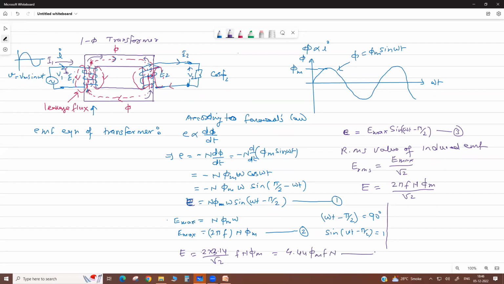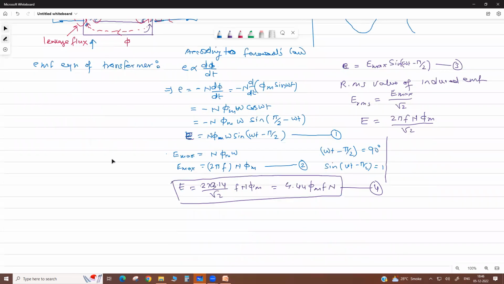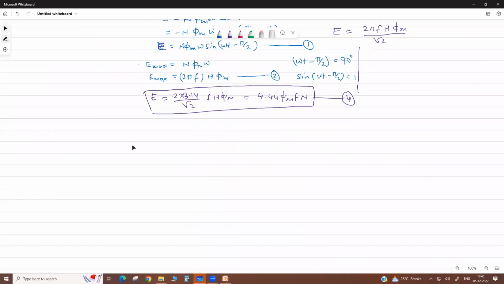So this is your induced voltage, the EMF equation of the transformer, where n is the number of turns, f is the supply frequency, and phi m is the maximum flux. Equation 4 gives the induced EMF.